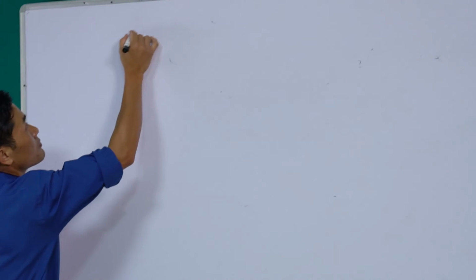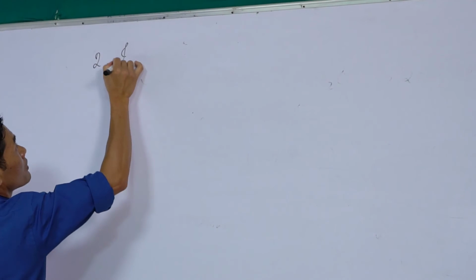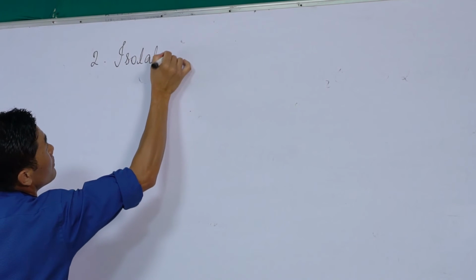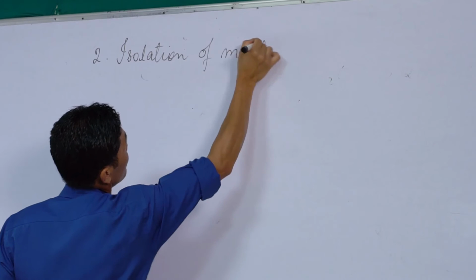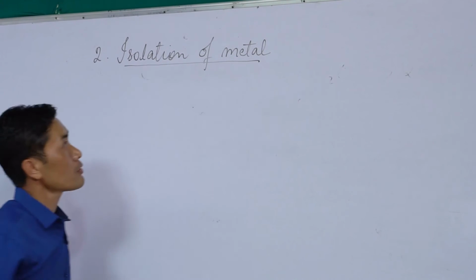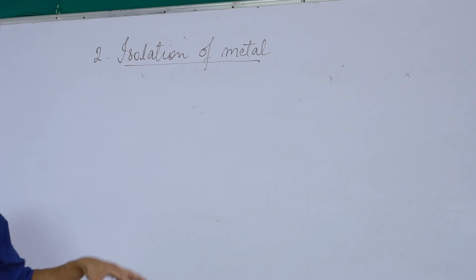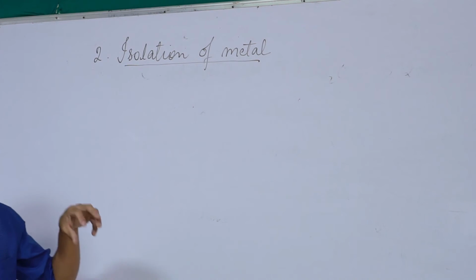Once the ore is concentrated, that means after all the impurities have been removed from the ore, we go for the next step, that is isolation of metal. In this step, we obtain the metal from the ore.